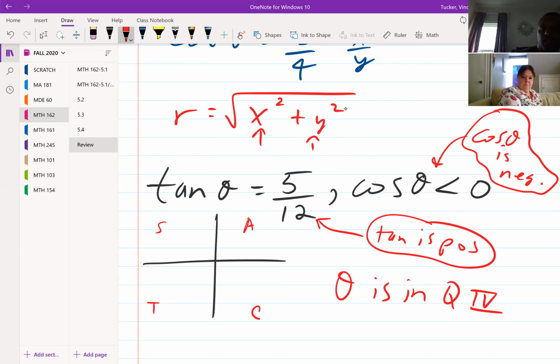Also, if cosine is negative, in order for tan to be positive, sine would have to be negative as well. I said fourth quadrant, I meant third. I was pointing at 3 and I said 4. Sorry about that.